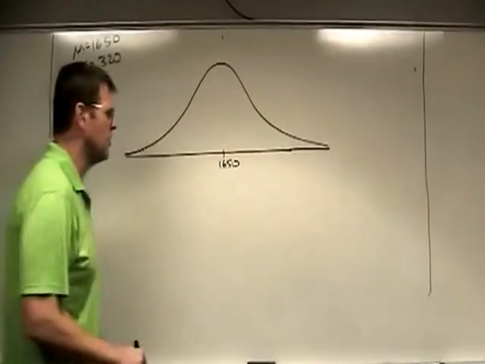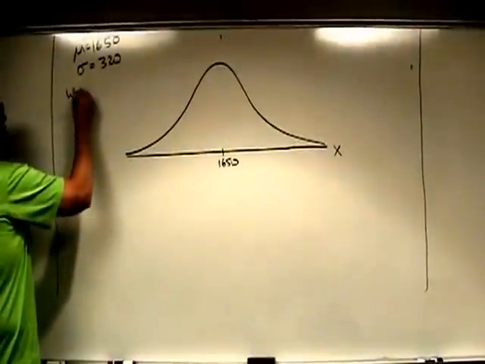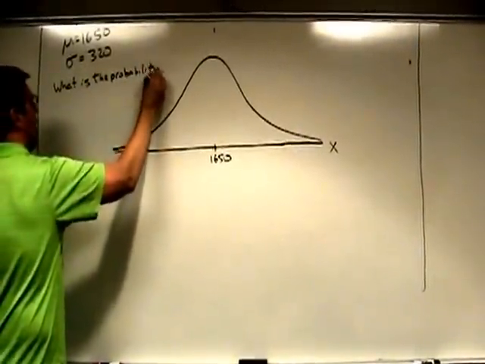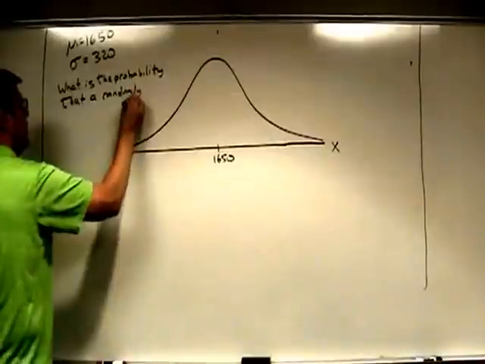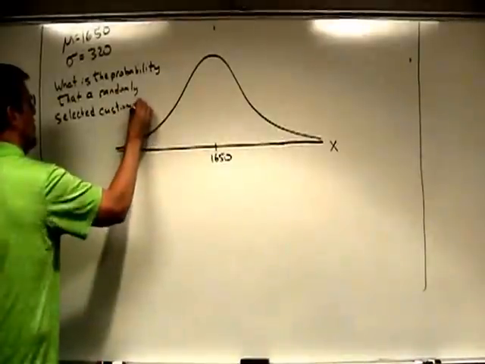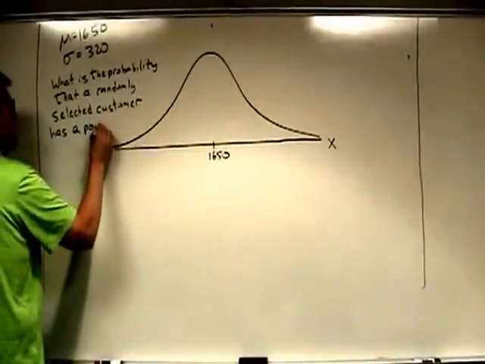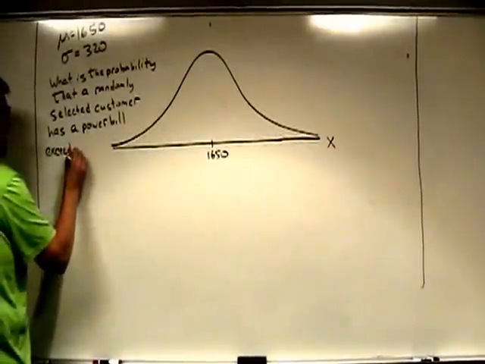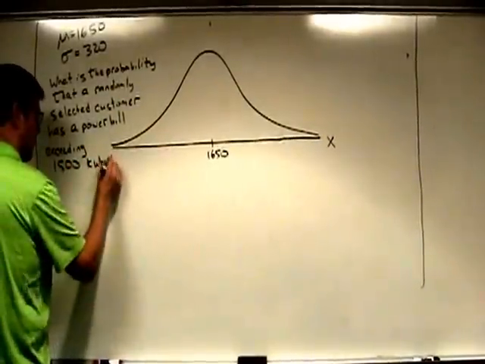So here's the type of question you might see. Suppose we had, what is the probability that a randomly selected customer has a power bill exceeding 1,500 kilowatt hours a month?